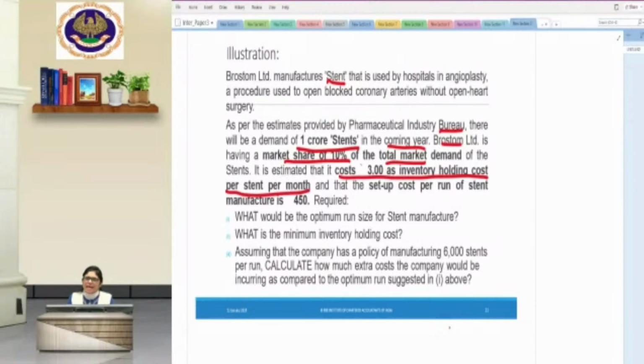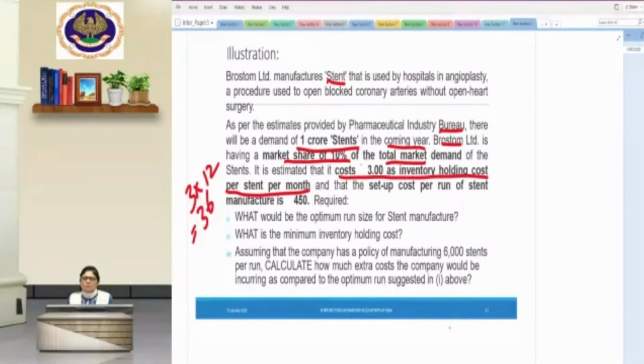You actually need inventory holding cost per unit per annum, but you have per unit per month. Inventory holding cost is given as 3 per stent per month. You need per annum, so 3 into 12, so 36 per unit per annum.